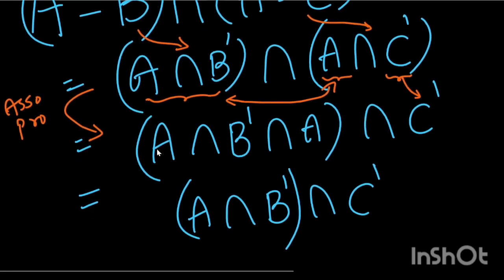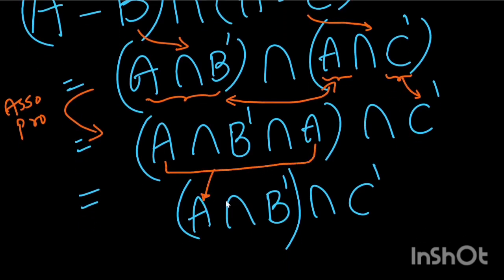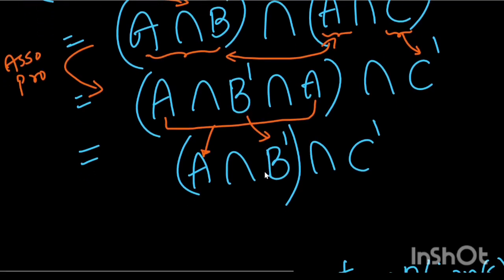Now we know that the intersection of A and A is A only, and B dash is as it is. So we got A intersection B dash intersection C dash from the RHS.